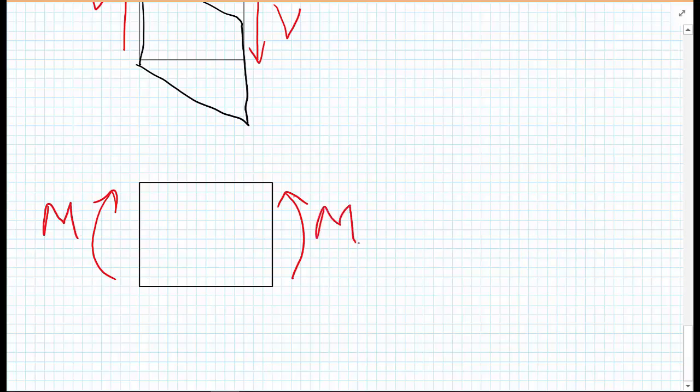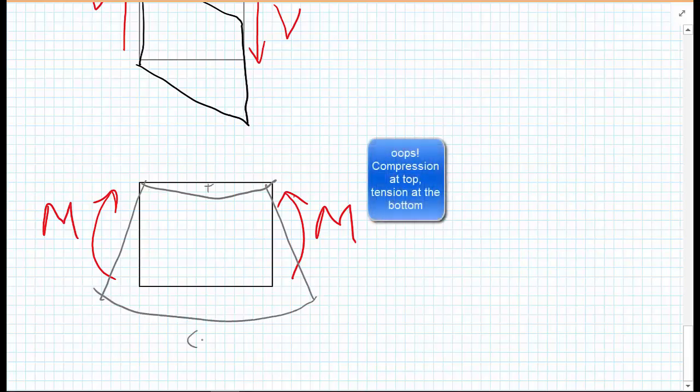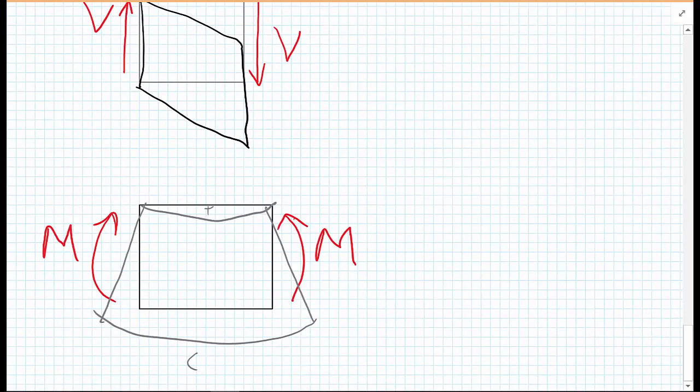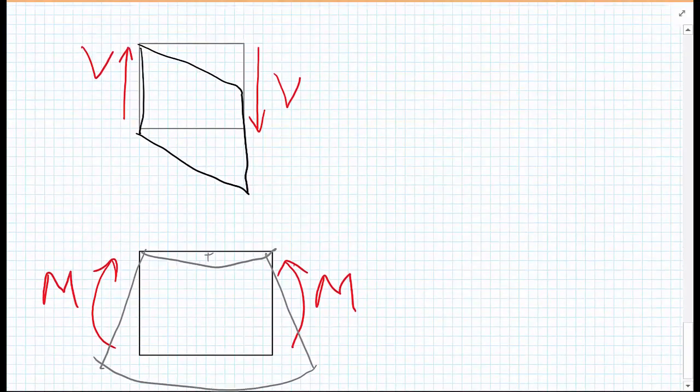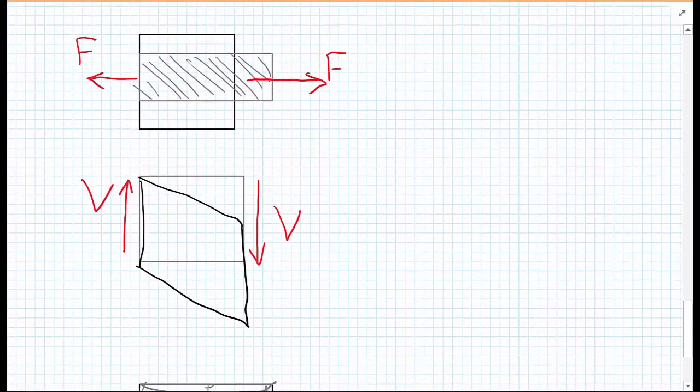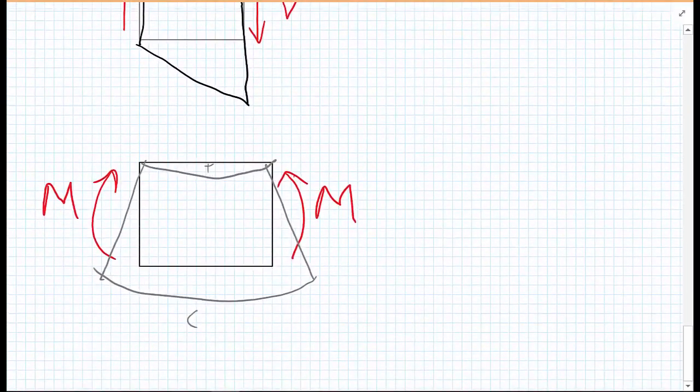We use M for moments and M for bending moments, where we have the two moments. This will now cause the block to change its shape. So the difference between a force and an internal force, a shear force, or moment and bending moment, is that the internal force or bending moment is the action of two forces or two moments on the body to create some deformation in the body.